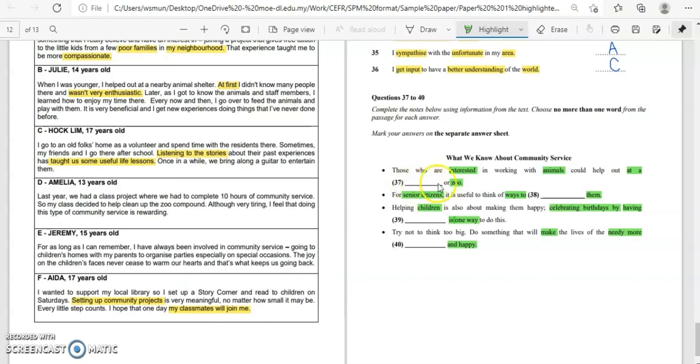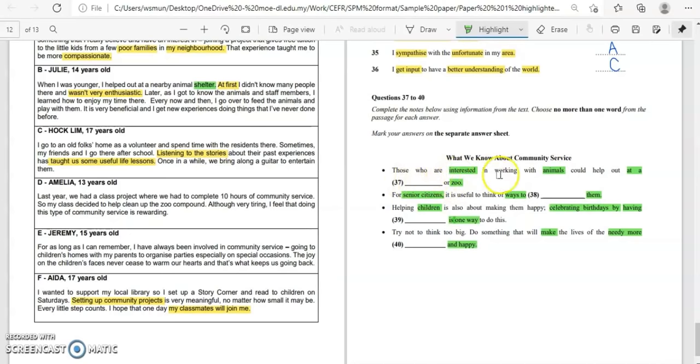And this place should have a similar meaning to zoo, right? Because it has the phrase "or zoo" here. Alright, let's scan through paragraph B and find out. Do you see this word here? Shelter, right? Could it be a possible word to fill in? Let's try to fill in this blank with the word shelter and read through to see whether it sounds right.